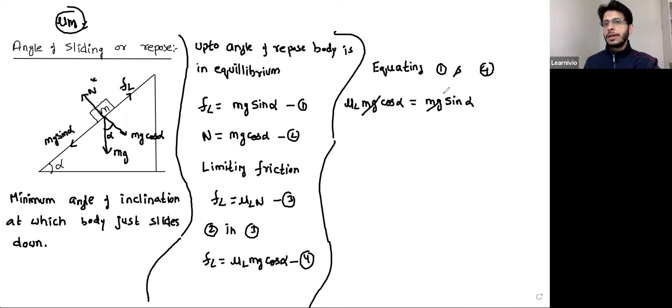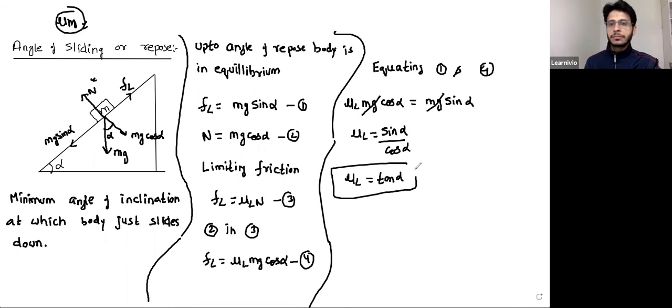So mg will cancel this mg. Sin alpha by cos alpha, which is tan alpha basically. So this is another important result, that if you have angle of repose or angle of sliding, then coefficient of friction is tangent of angle of repose or angle of sliding here.